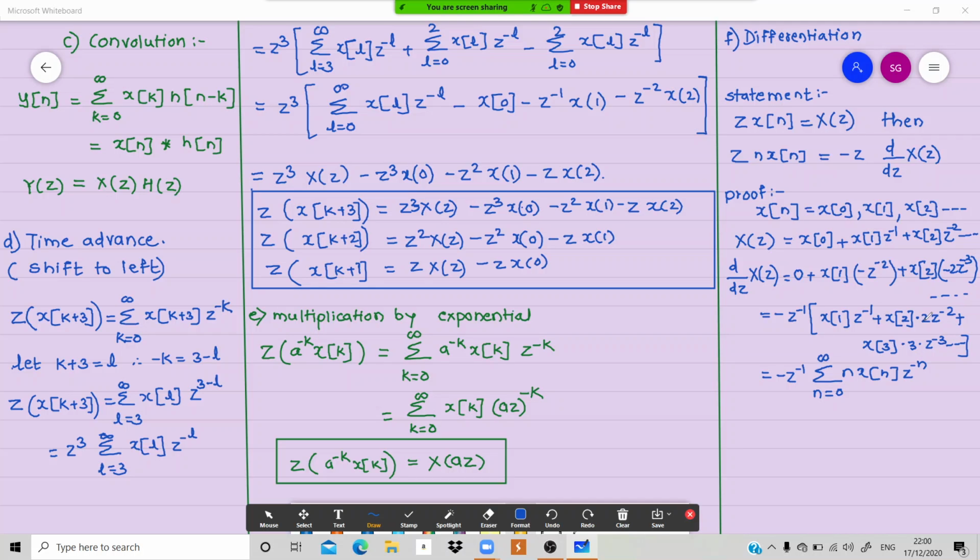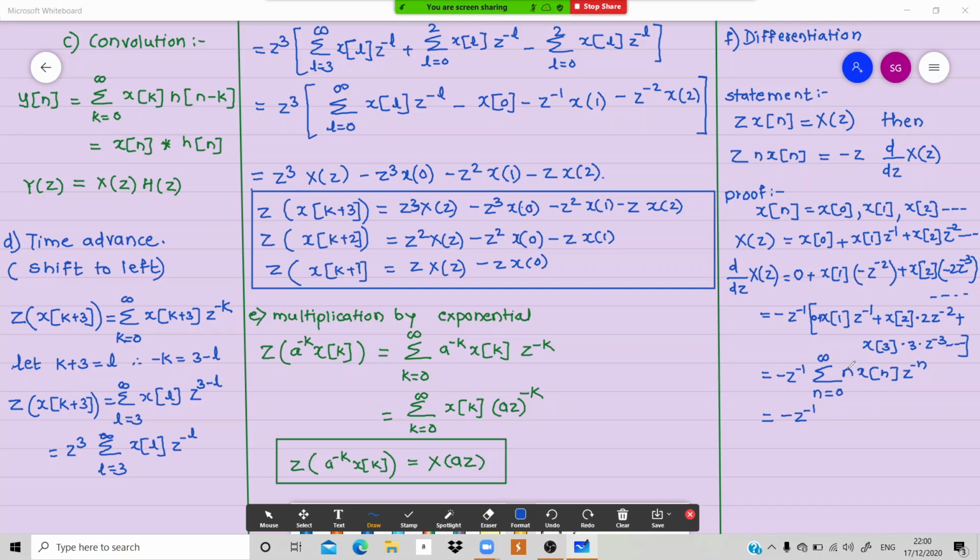See, 2, 2, 2, x[n], n and minus 2. So n again z raised to minus n. The first term is 0, so we have not written it. If you want, I'll write it as 0 plus, so it will be more clear. So now how can I write this? Minus z raised to minus 1.